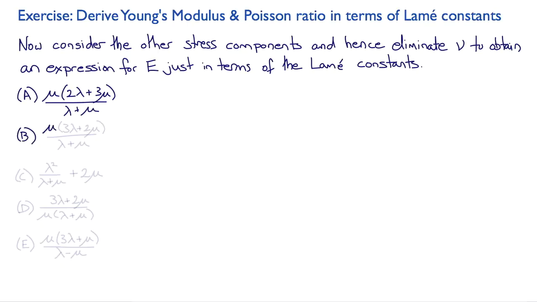B, mu times (3 lambda plus 2 mu) over (lambda plus mu). C, lambda squared over (lambda plus mu) plus 2 mu. D, (3 lambda plus 2 mu) over mu times (lambda plus mu). Or E, mu times (3 lambda plus mu) over (lambda minus mu).